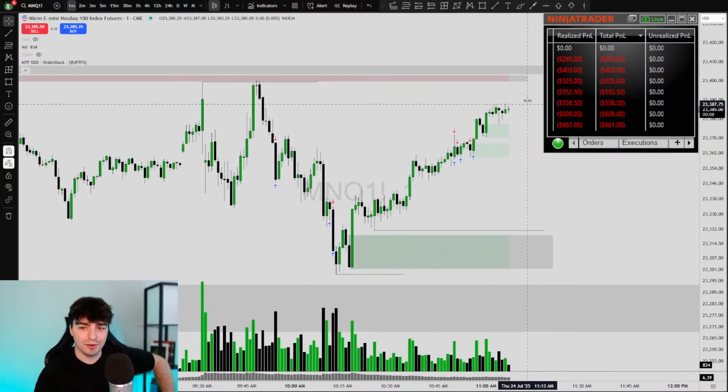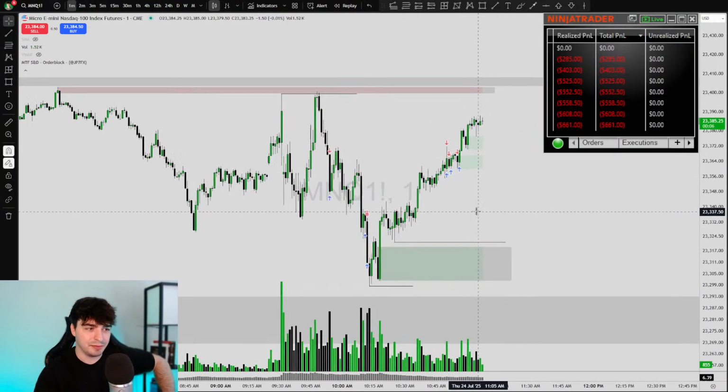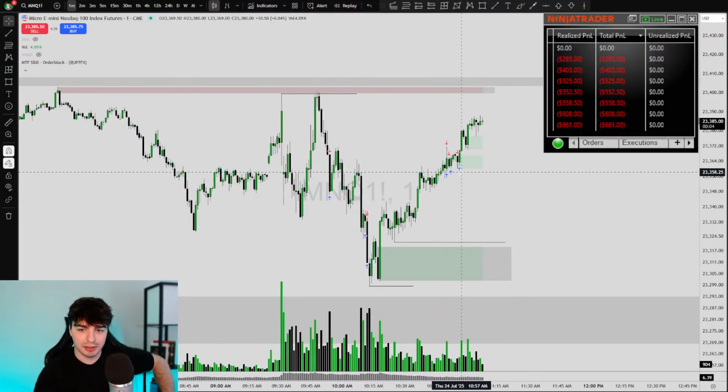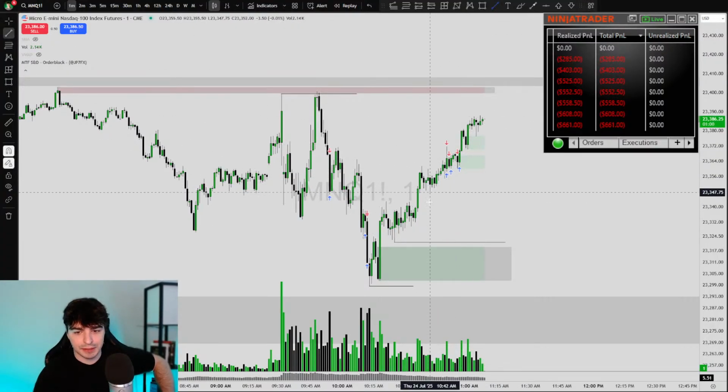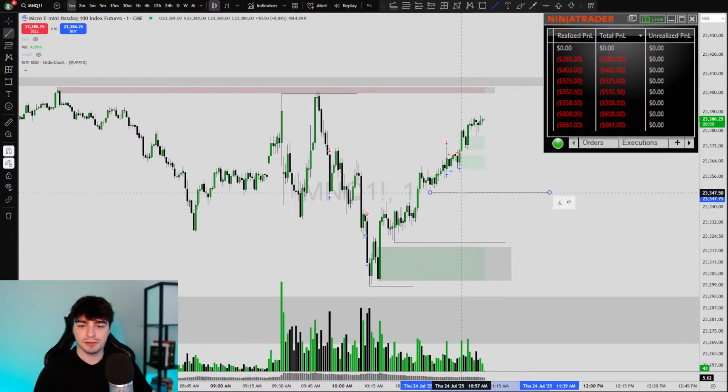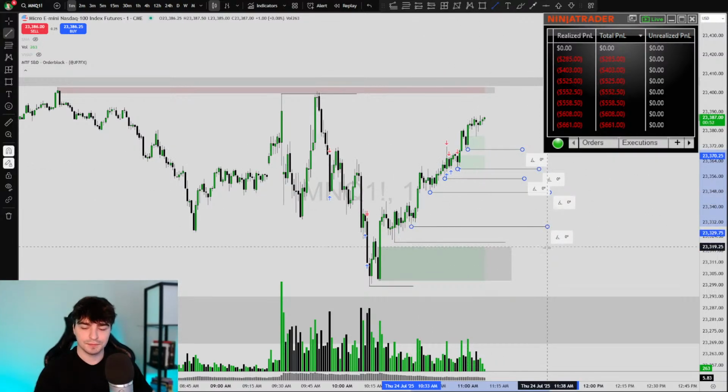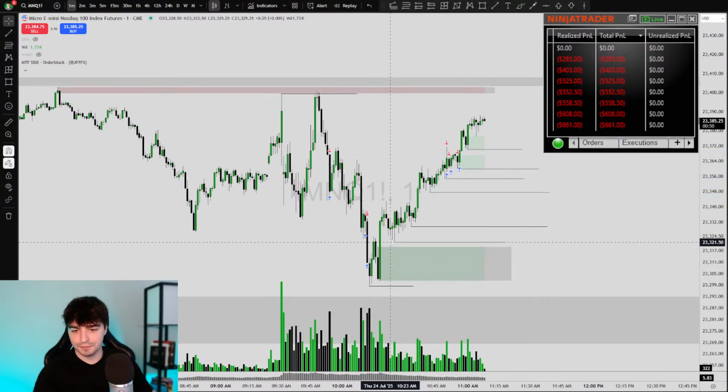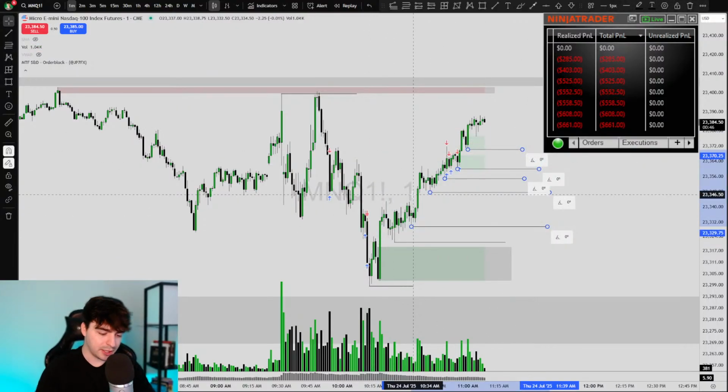Like this slow grind up, all it's doing is just building a bunch of stop losses below all these lows. This is all probably going to be taken out later at some point. All these little lows. I can only hope that I catch that move.